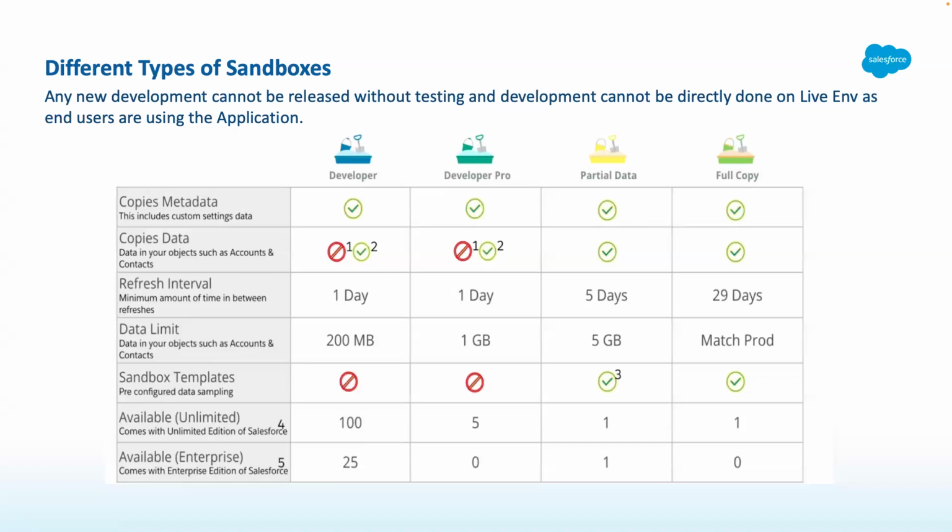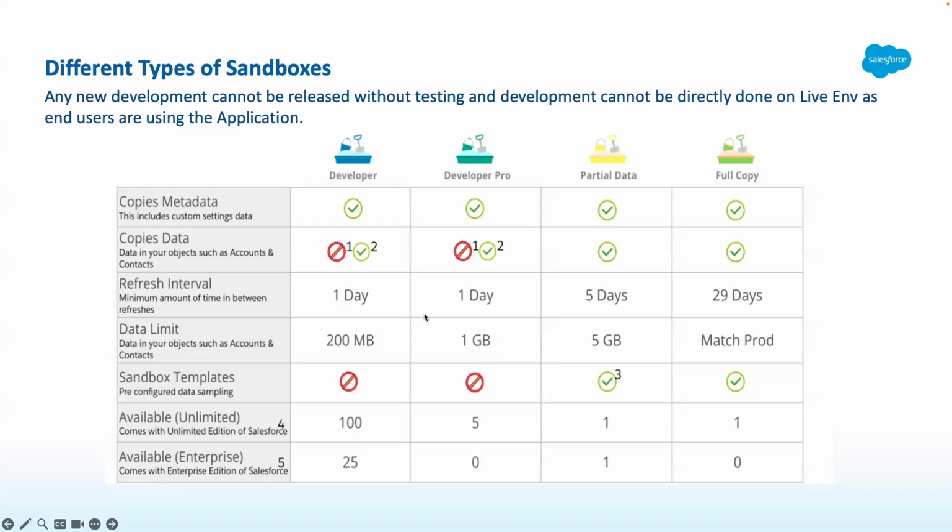I need to understand what I should use a Developer Pro for. Pro environments are usually the best fit for your testing, QA testing basically, or your staging environments where you're merging your code. All those can be performed in your Pro. Again, the storage limit is 1 GB; you cannot store more than 1 GB of data.